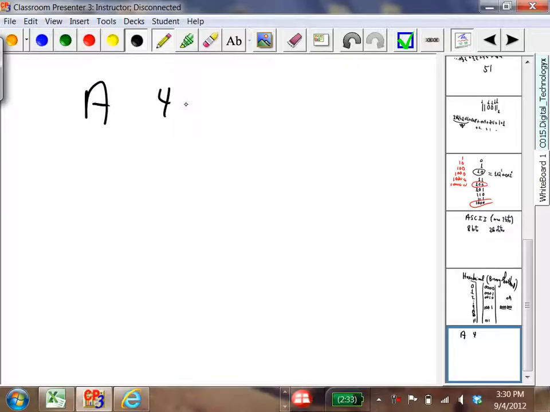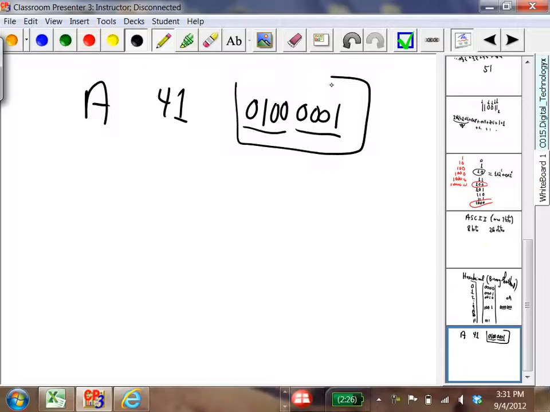In binary, the 4 you write as 0100, and the 1 is 0001. So these are the 8 bits for storing the capital letter A. If you type the letter A in caps on your keyboard, what goes into the computer is this right here. That's how A looks to a computer, in ASCII.